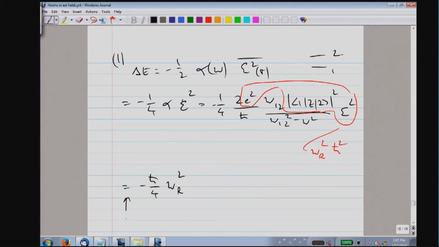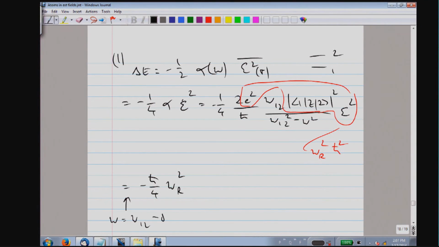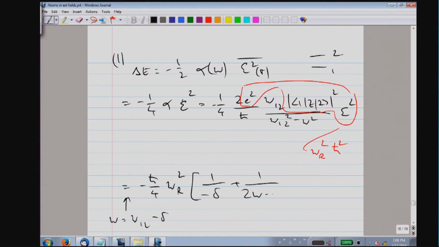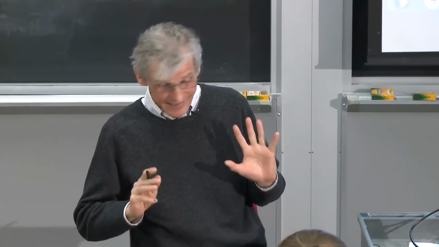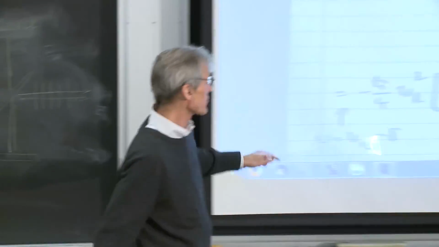And I also want to introduce the detuning of the time-dependent oscillating electric field from resonance. And then I obtain this result. Doesn't it look so much simpler than what we had before? And it has a lot of physics we can discuss now.